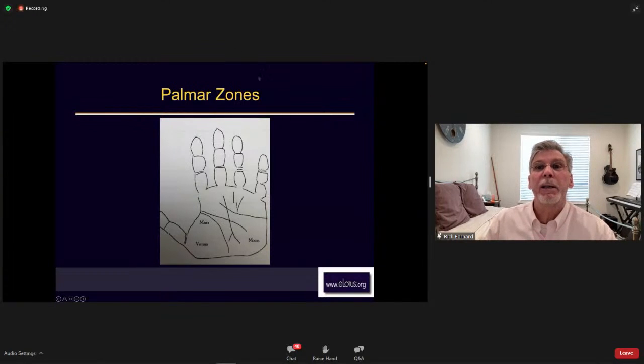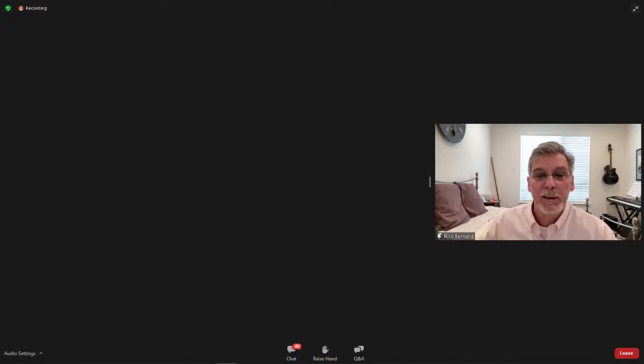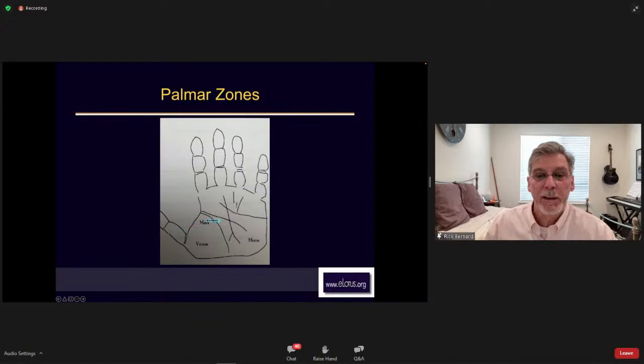Hopefully you can see this. Let me see if I can add a spotlight. I hope you can see this whole zone here. This is the Mars zone. Mars is the warrior.